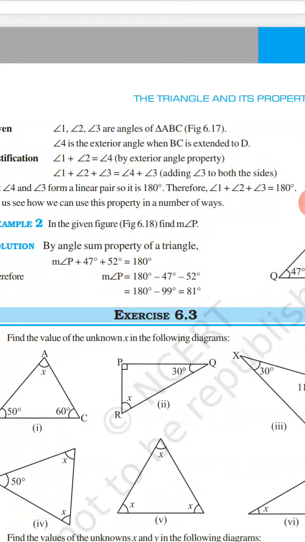So measure of angle P. If M is written before angle P, that means measure of angle P. So 180 minus 47 minus 52 becomes equal to 81 degrees.